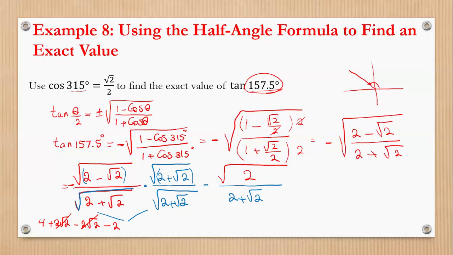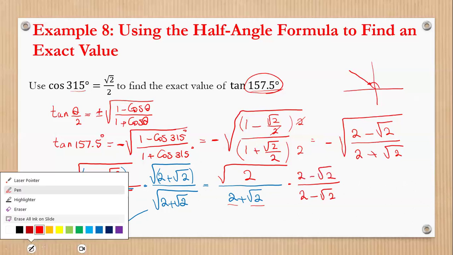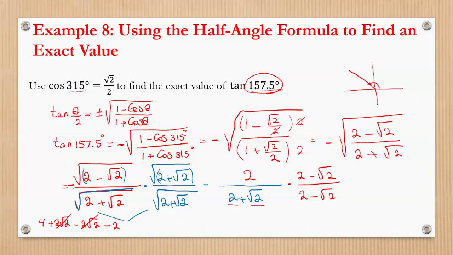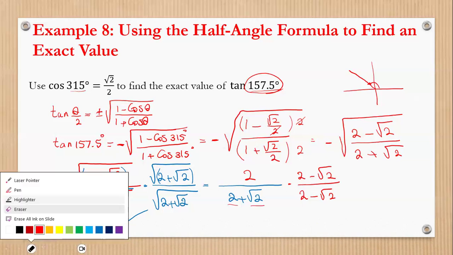Now, since we have two terms on the denominator, if you want to rationalize when you have two terms, you need to multiply by the conjugate. The conjugate for 2 plus root 2 is 2 minus root 2. Let me fix this one because there is only a small radical right now.